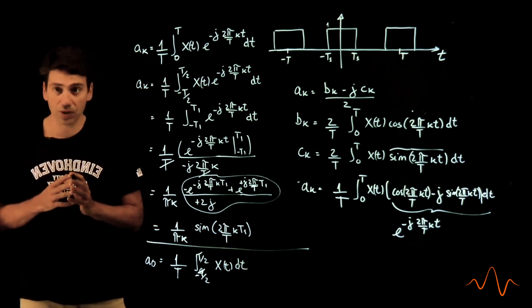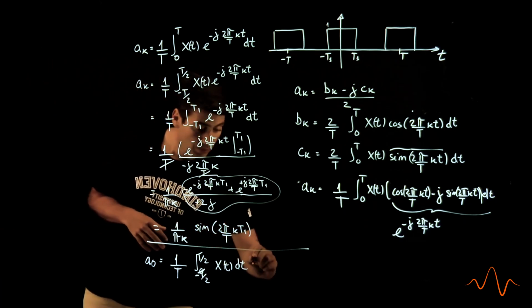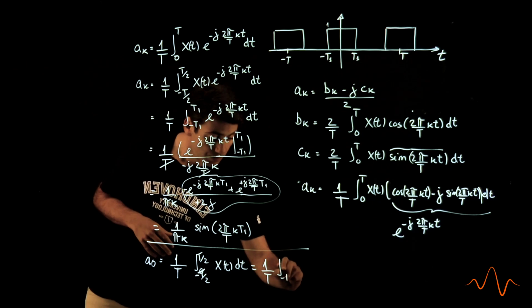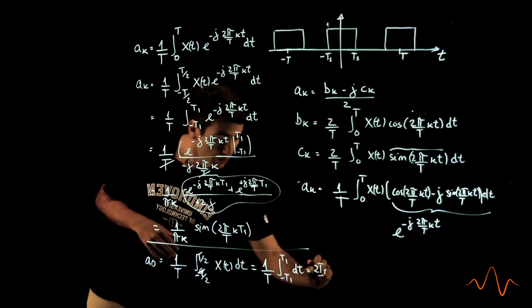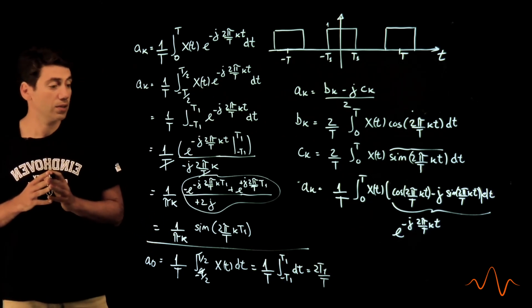The limits of integration, we can change them to minus capital T1 and capital T1, because the signal is 0 outside of this interval. The function there is 1, so we end up with 2 capital T1 over capital T, and we are done.